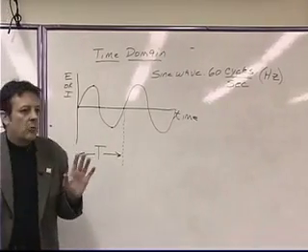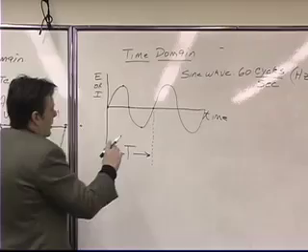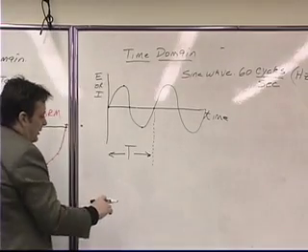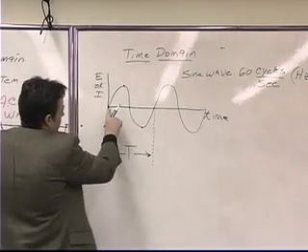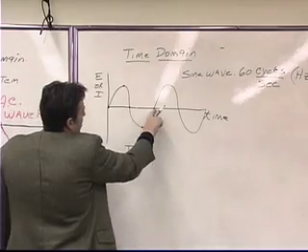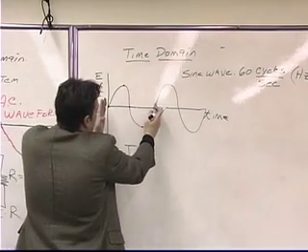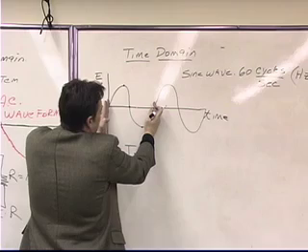So now comes the relationship between period and frequency. Well, let's figure out what it is. The unit on period, okay? The unit on period would be seconds per cycle.